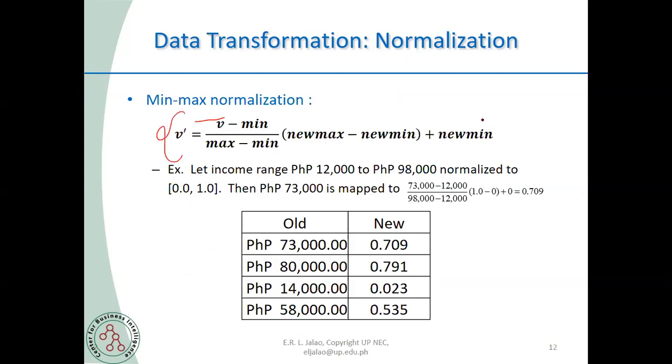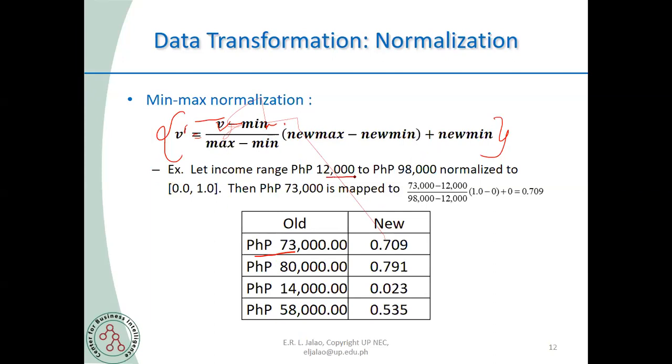The statistical formula for min-max normalization is: the new value is equal to the first value, which is 73,000, minus the minimum value of the data set, divided by the maximum value minus the minimum value, multiplied by the new max minus new min, plus new min. Okay, so for example, we have an example here.